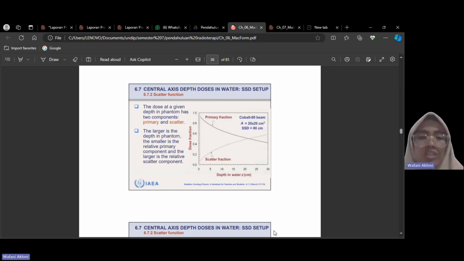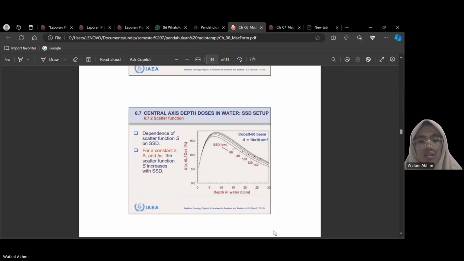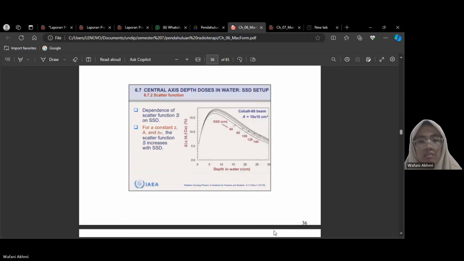Scatter function: the dose at a given depth in phantom has two components, primary and scatter. The larger the depth in phantom, the smaller is the relative primary component, and the larger is the relative scatter component. Scatter function S depends on its setup.